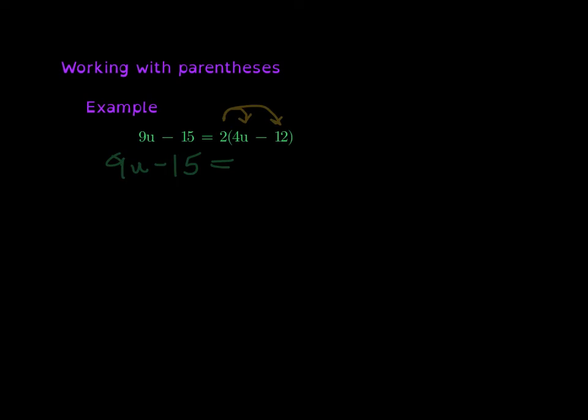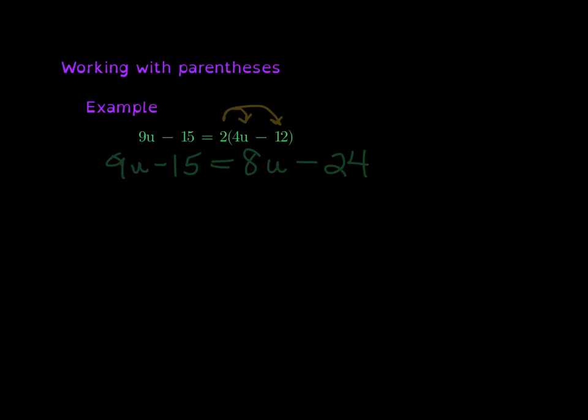So we're going to get rid of the parentheses, we're going to multiply the 2 in by both of them. And that's going to give us 8u subtract 24. Because 2 multiplied by 4 is 8. So it makes 8u. And then 2 multiplied by 12 is 24.